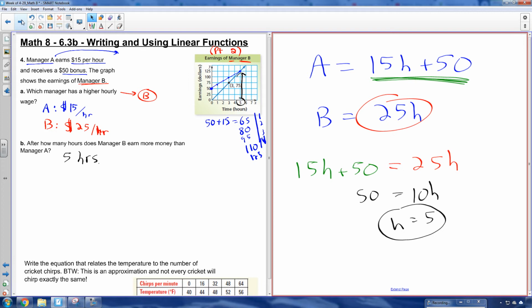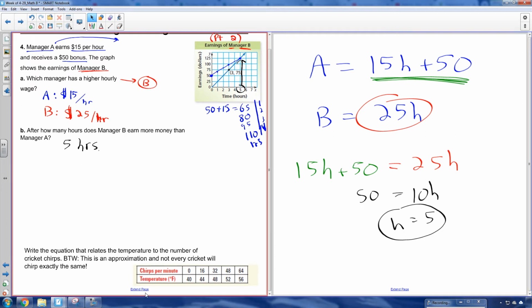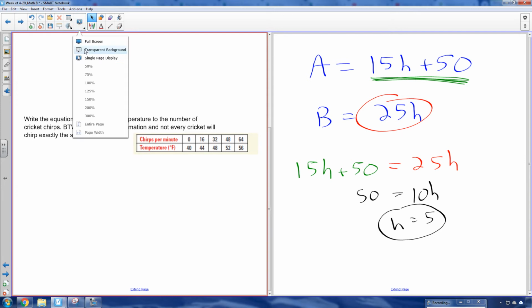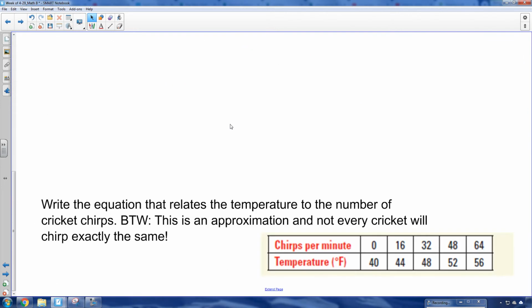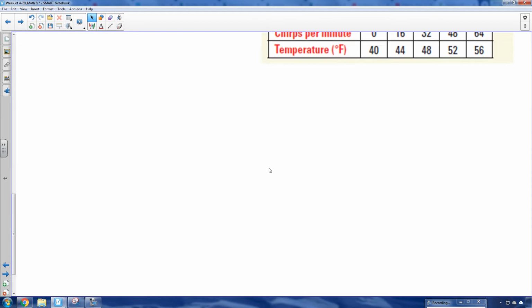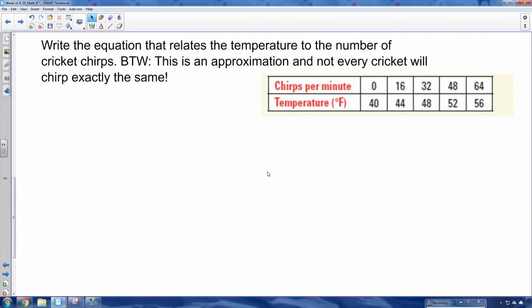We have no choice. So I want you to think about this one for a second. This is actually just writing an equation from a table. It's kind of a review of what we did in the last video, so I want you to pause the video and try this problem. This is an approximation for the chirps per minute with the crickets.